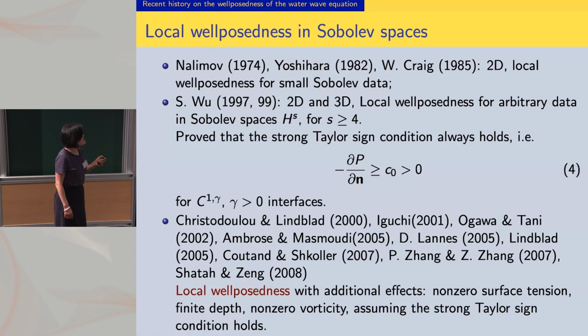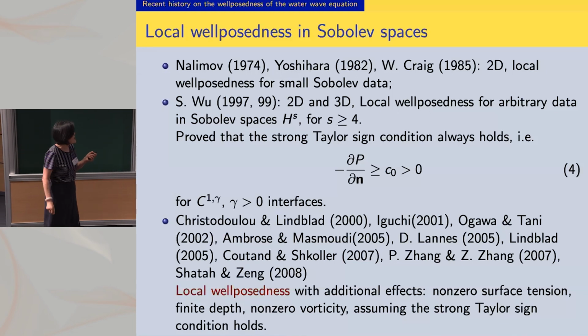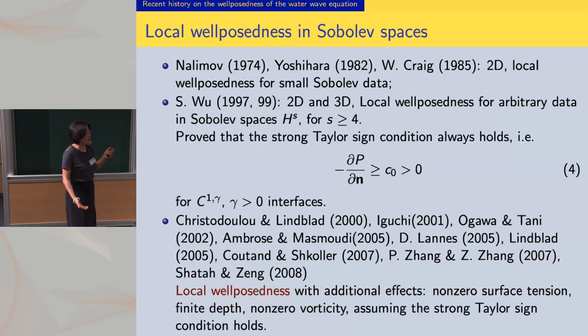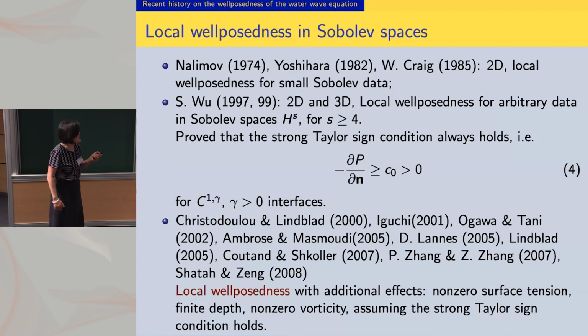What they did is for 2D, which means the interface is 1D, and local well-posedness for small Sobolev data. So if the data in Sobolev space is small, then you can solve it for a short time. In the case of Nalimov, there's no bottom, and in Yoshihara, there is a bottom that does not interact with the interface; there is a positive distance to the interface.